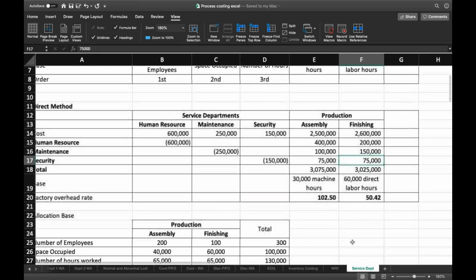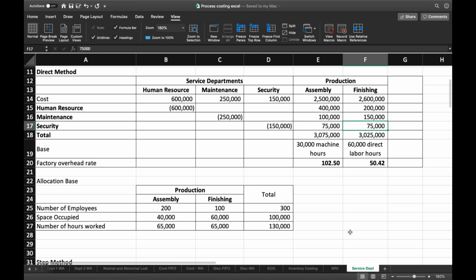After dividing, we will now arrive at the total factory overhead cost for the assembly and finishing departments. We can now divide this by its allocation base, which is 30,000 machine hours for assembly and 60,000 direct labor hours for finishing.